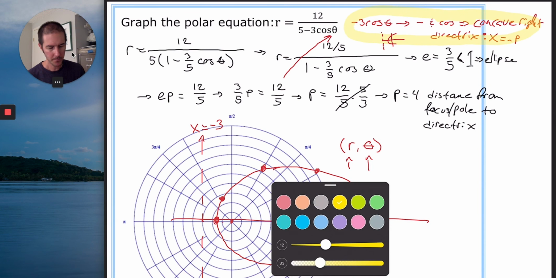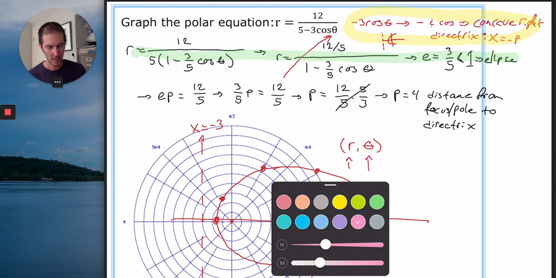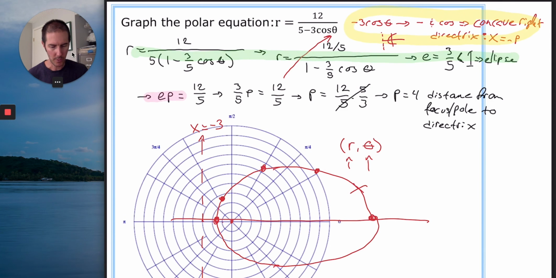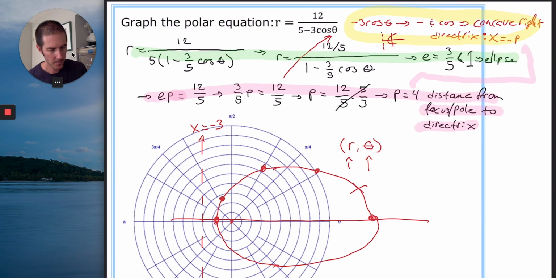And then the next part of the process would be this part where we're going through in order to generate our e value. And that helped us to determine what kind of shape we were working with. In this case, it was an ellipse. And then we went through and used our numerator, which was ep, and that helped us find our p value, which gave us the distance from the pole to the directrix, and it was that p value that allowed us to fill this in as equaling -3.